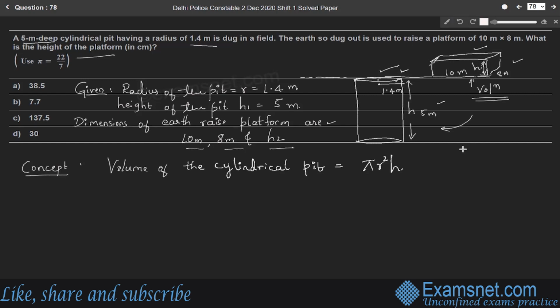So we have considered this as h1, where h2 is the height of the cuboid, right? So next is volume of the cuboid platform. Cuboid platform is equal to length into breadth into height. So here h is h1, in the second case it is h2.